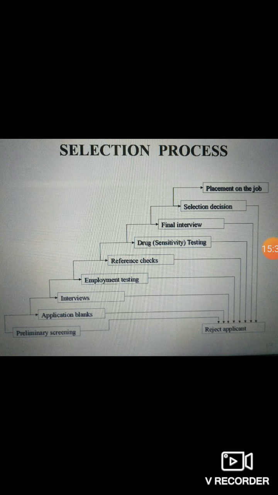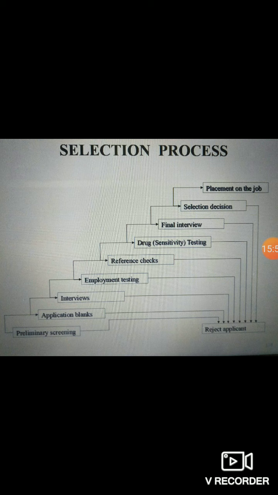So at this stage we have finally decided to select so and so, for the so and so profile. That is how we take the rest of the candidates to placement on the job. Here also we don't decide on just the vacancies. If we have 10 vacancies, we don't only take 10 selected candidates.